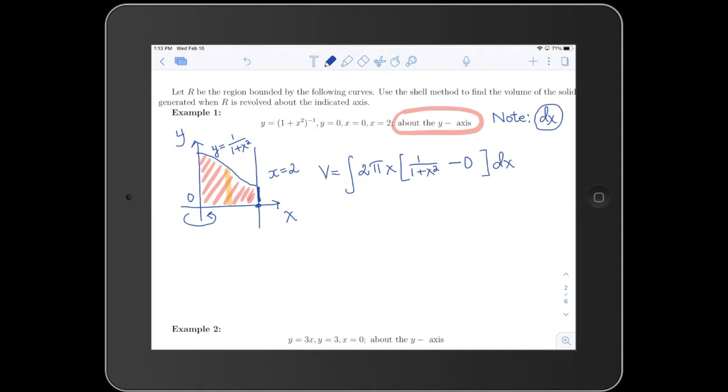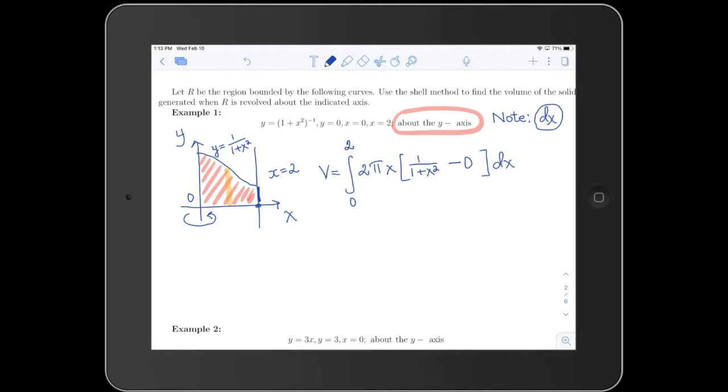Everything is in terms of x. I'm checking everything. 2 pi x times f of x, that's my top function, minus 0, which is fine. That's my bottom function. That gives me the height of the shell. x goes from 0 to 2.